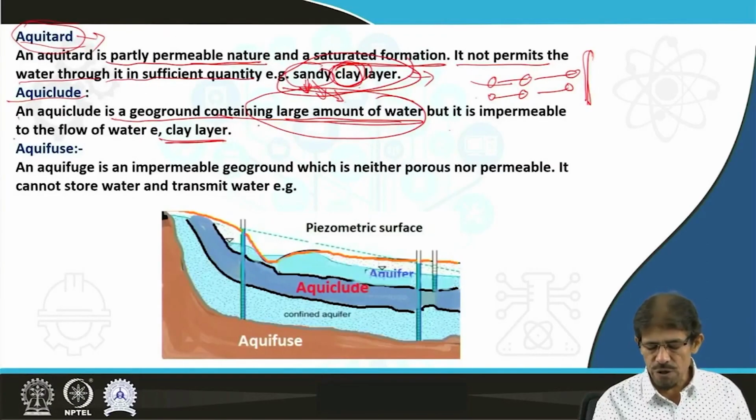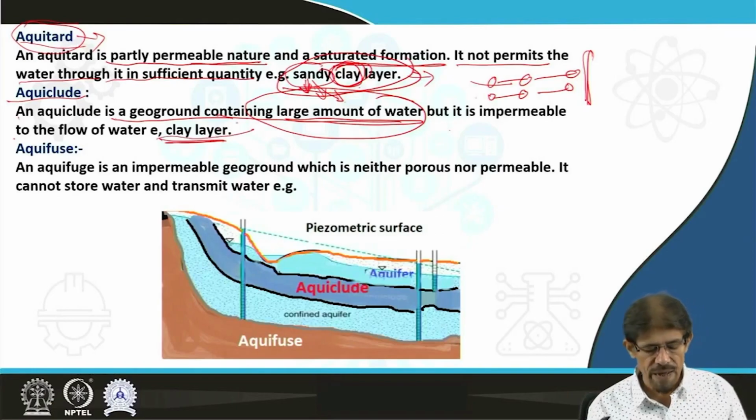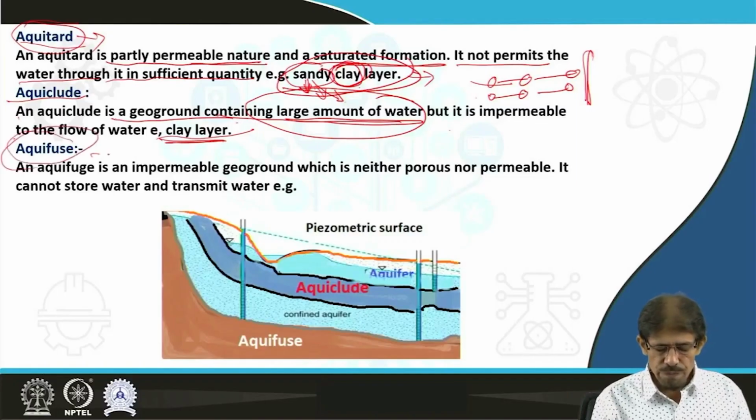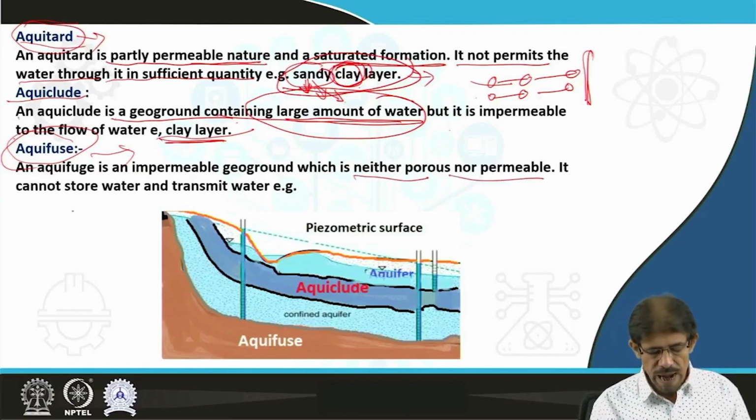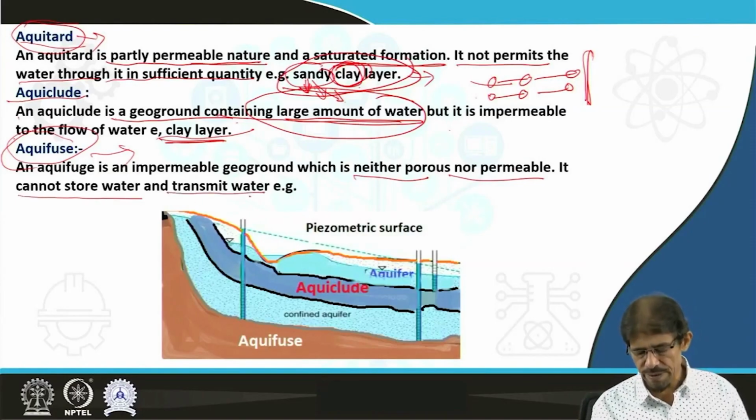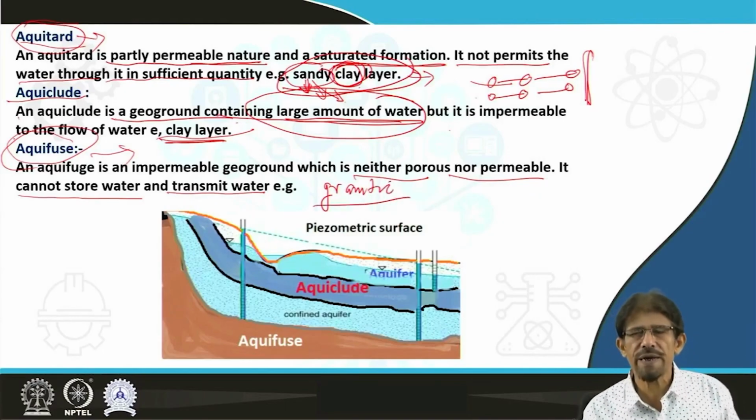If the geoground is made up of clay layer, then we recognize it as aquiclude. And aquifuge is not allowing accumulation of water and not transferring. So it is an impervious geoground which is neither porous nor permeable, not allowing storage or transmission of water. This type of ground we generally recognize in granitic terrain, made up of crystalline granitic rock.